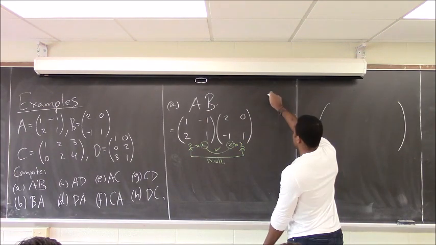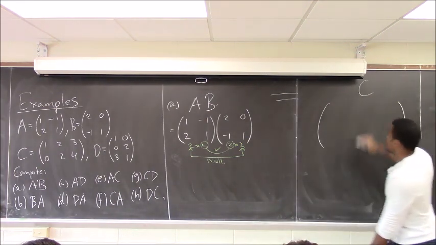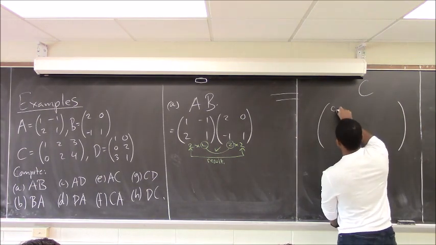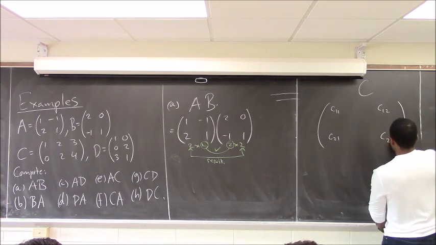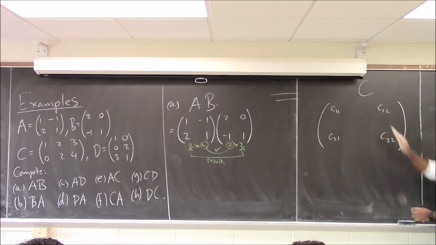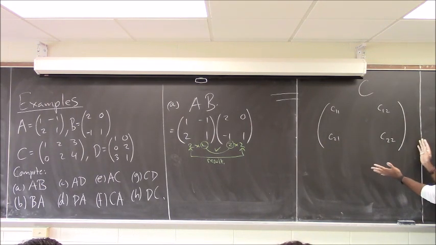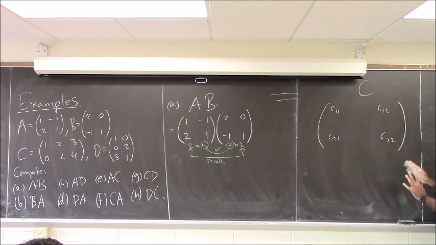This is the result, like C. Now this is going to be C11, C12, C21, C22, right? I know it's a 2 by 2, so you don't have to write this out initially, but I think it's better to see where each position goes.